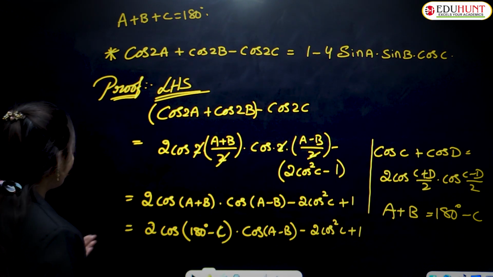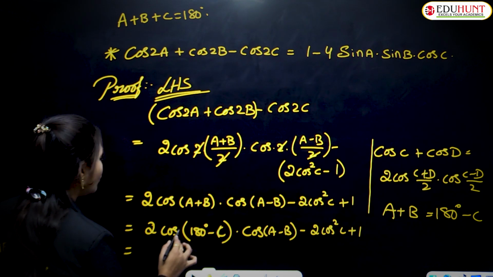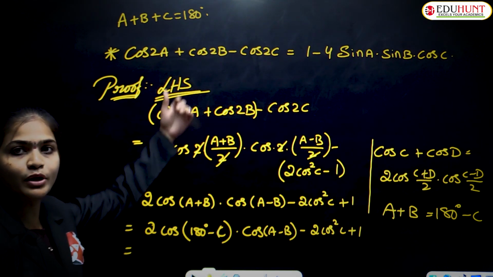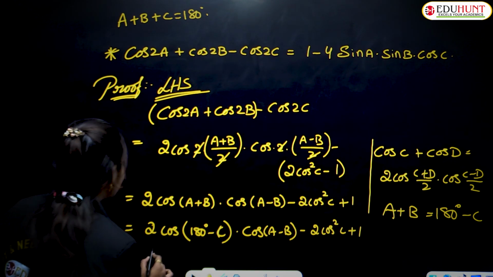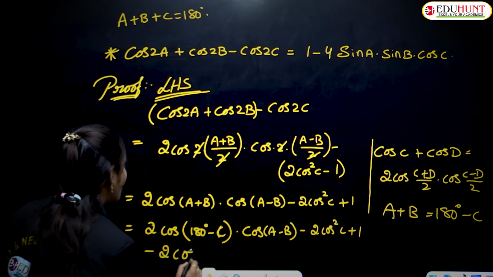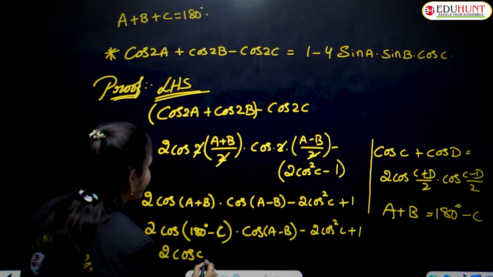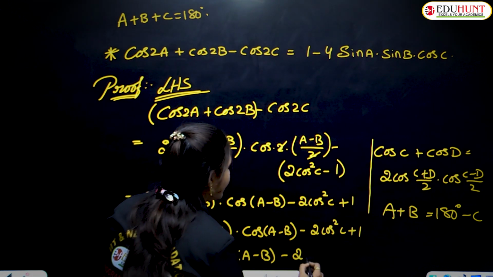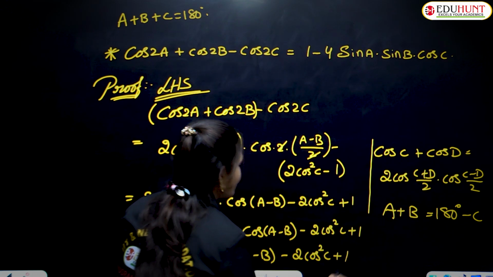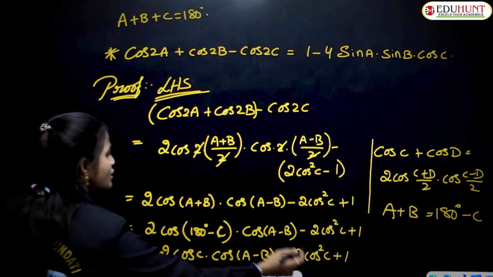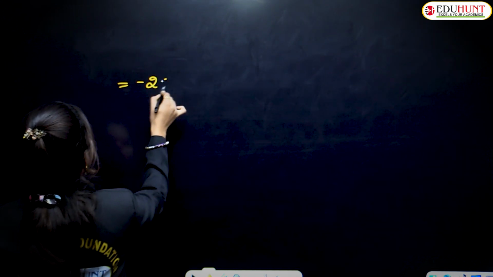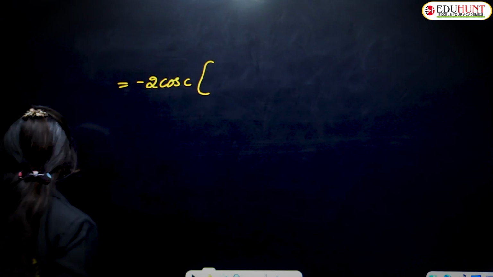Am I clear? So here we can write 2 cos of (180 degrees minus c), which means this is negative now. Why? Because of 180 minus c, already we know that. So here we will get minus 2 cos c into cos of (a minus b) minus 2 cos square c plus 1. Now from these two terms I want to take minus 2 cos c as common.